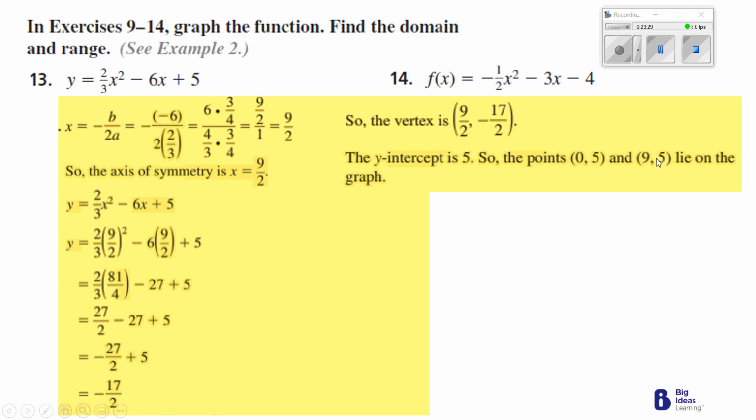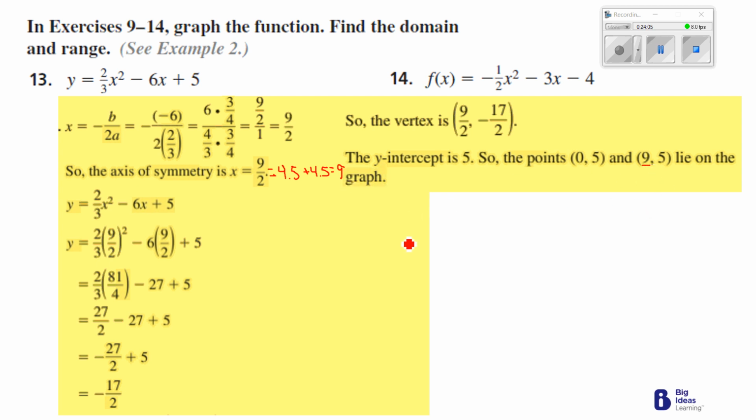So the x-axis, it's going to cross again at 9 and 5, right? Because 9 over 2 is really 4 and 1/2, and 4.5, when we add another 4.5, will give us 9. And that's where they got the 9 over here, okay?